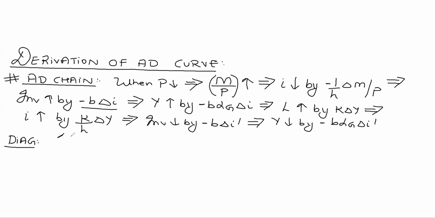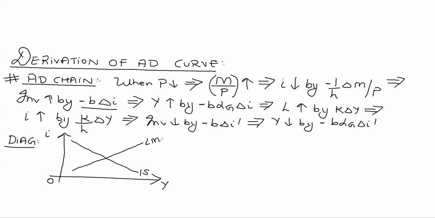So initially we have output on the horizontal axis, interest rates on the vertical axis, initial IS curve, initial LM curve. IS curve is drawn for a given level of autonomous expenditure A bar.